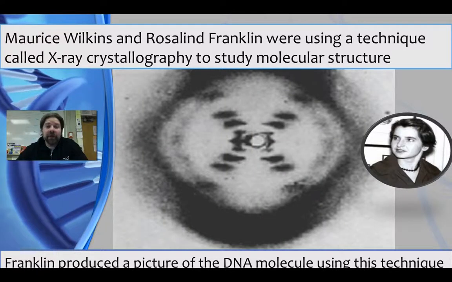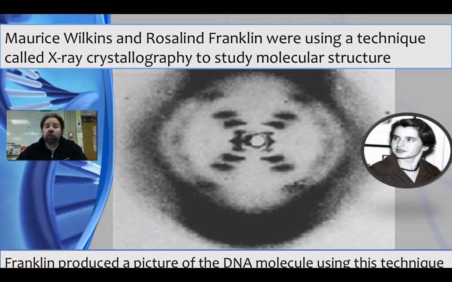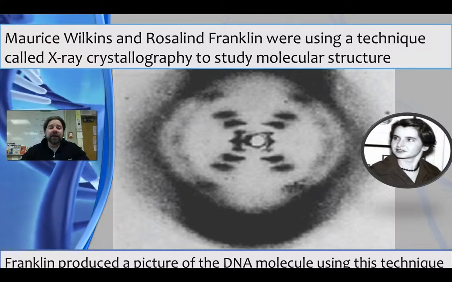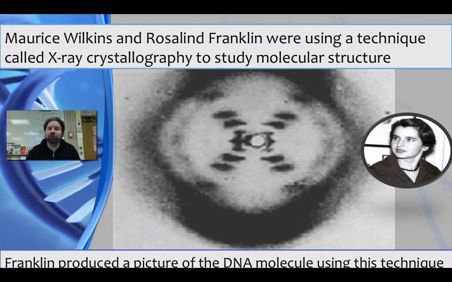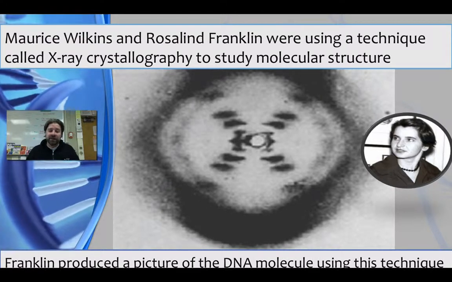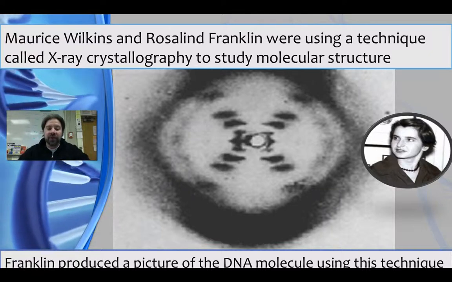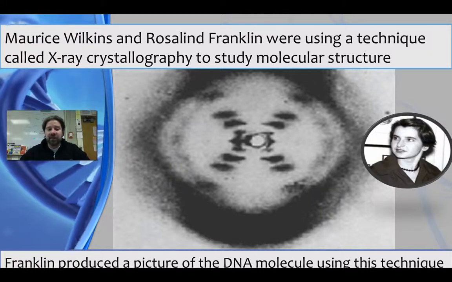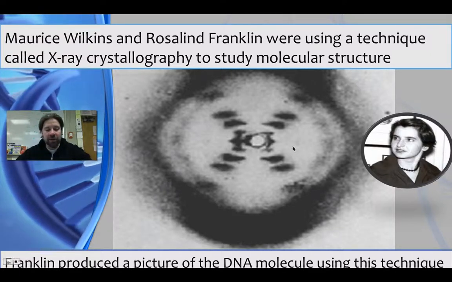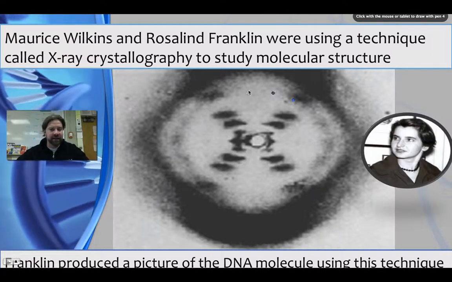During this time in Great Britain, there were 2 scientists, Maurice Wilkins and Rosalind Franklin, and they were using a new type of experimental procedure called X-ray crystallography to study molecular structure. Rosalind Franklin is going to produce a picture of DNA using that technique, which you can see here. What we're seeing is not something that looks like a strand of DNA.